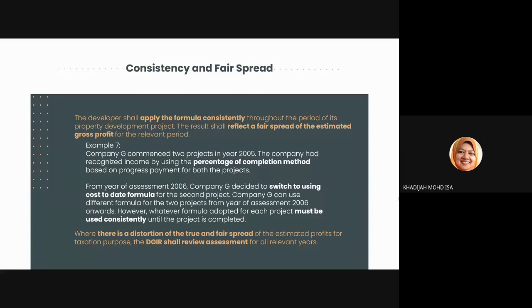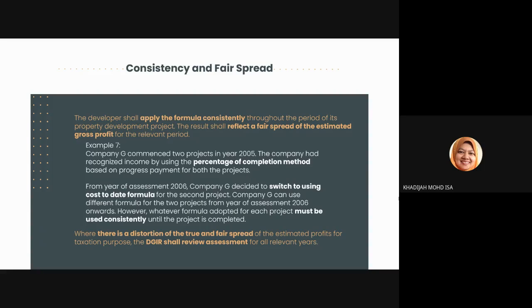Katalah for example this year you pakai method number 1, for example lah, estimated profit becomes 100 million. But then year 2 you change to method lain. And that method only give you 50 million. Right? And then it goes further down lah. So maknanya 100 million ke 50 million is not true and fair spread lah.